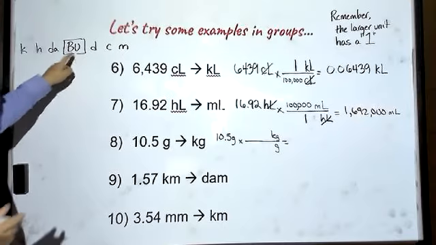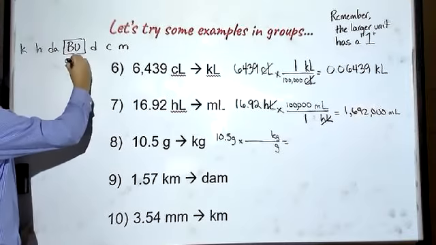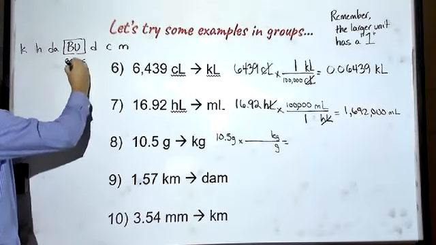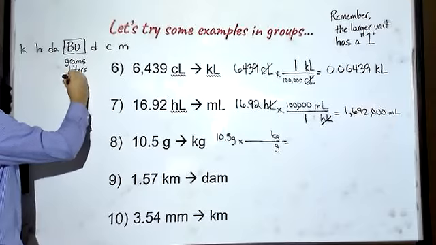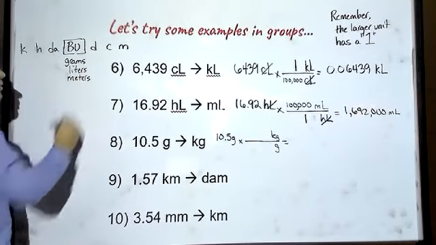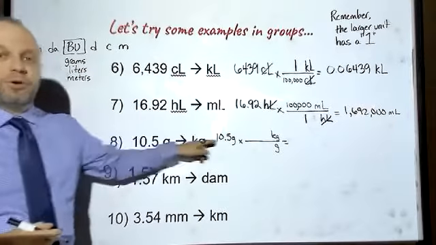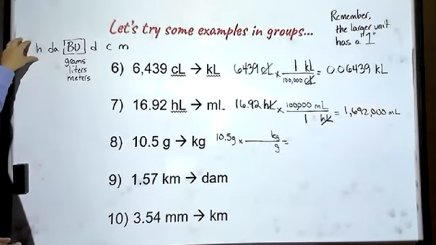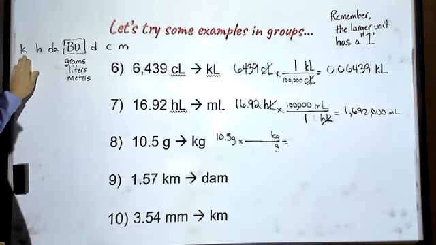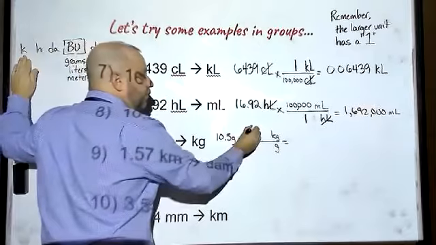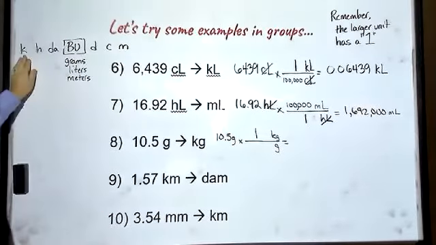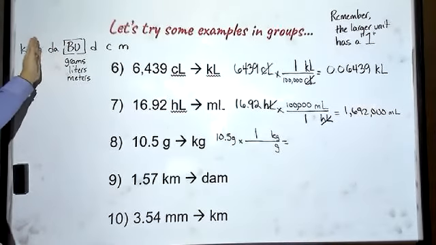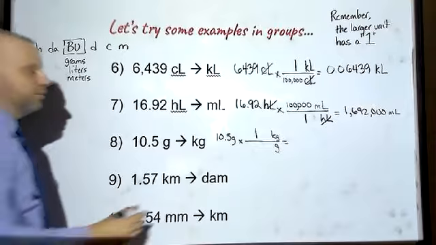Remember that our base unit is grams if we're talking about mass, liters, or meters. So if we're working with 10.5 grams, that means we're starting here at the base unit and we're going to kilograms, which is to the left. Kilograms is the larger unit, so that's going to get the 1. Grams is 1, 2, 3 spots away.